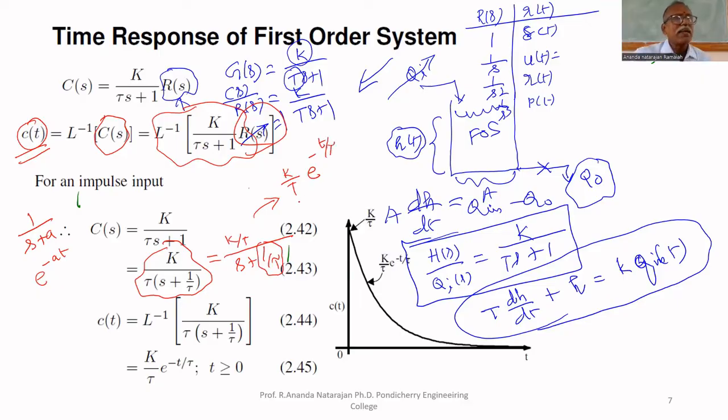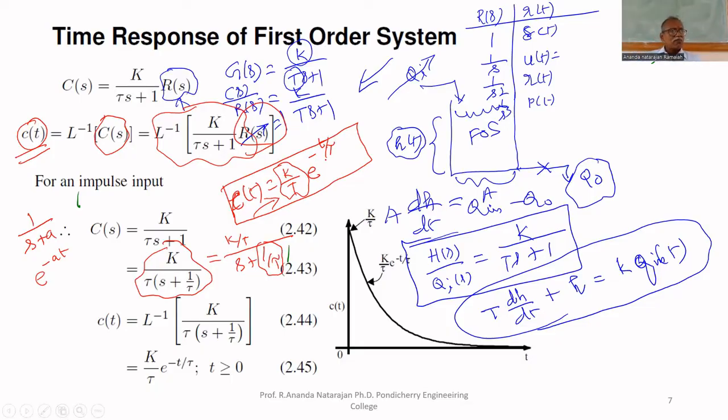So this is C of t, the impulse response of the system. C of t equal to k upon tau e power minus t by tau. This is the time response in mathematical form.